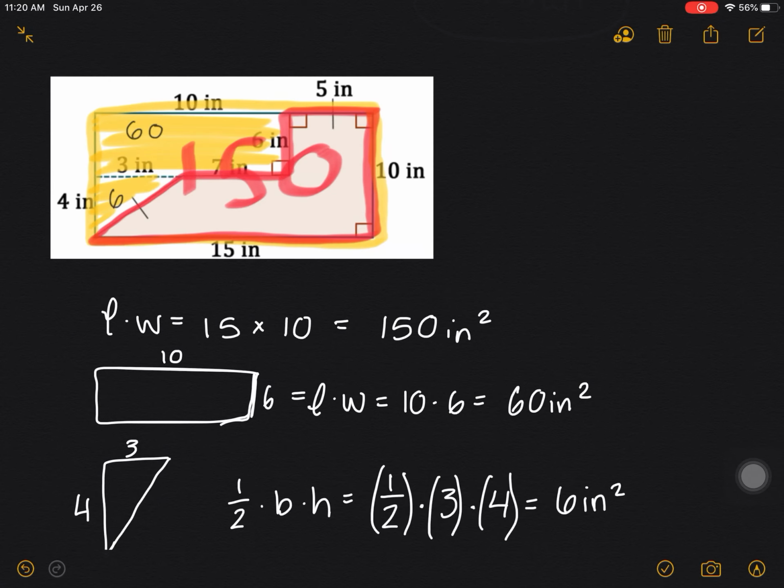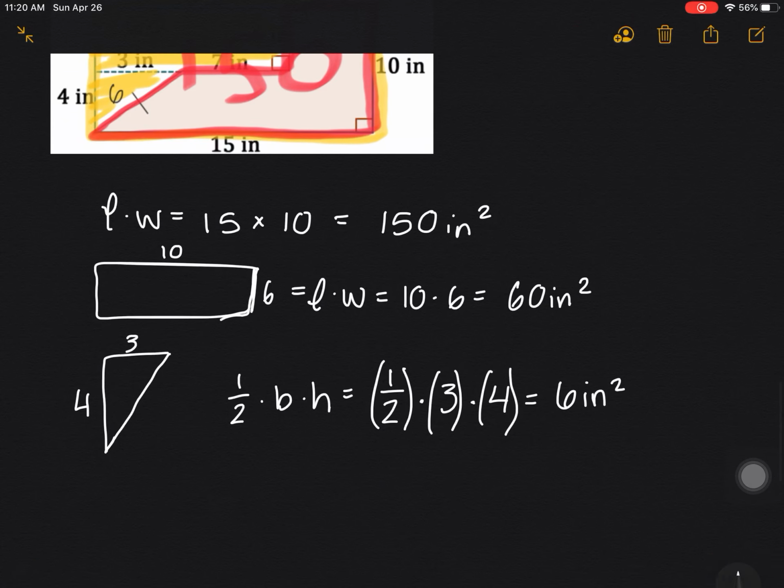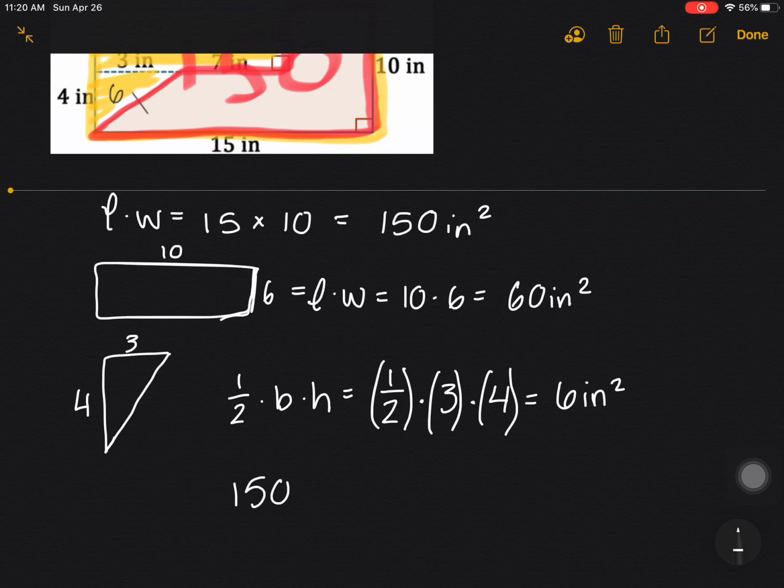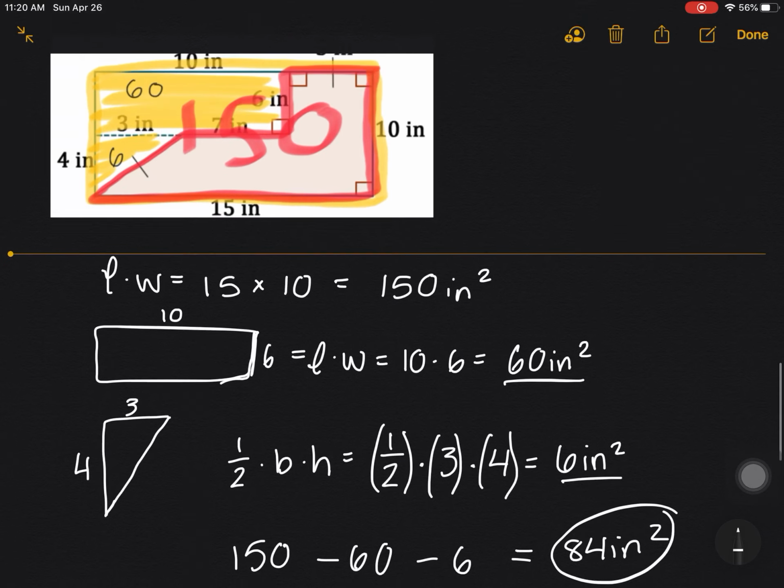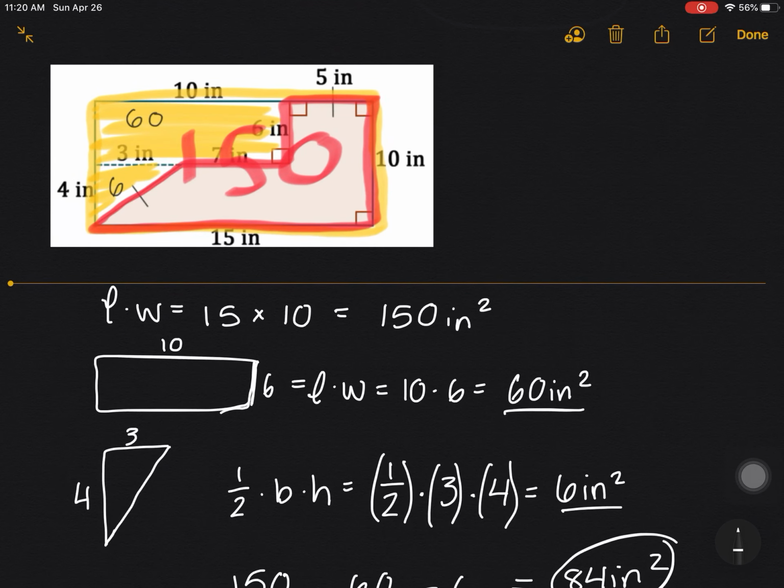So what we're going to do now is we're going to take that 150 minus that area of the smaller rectangle minus the area of that smaller triangle. So when we do 150, take away the 60, and take away the 6, we're left with 84 inches squared as the area of our red shaded shape.